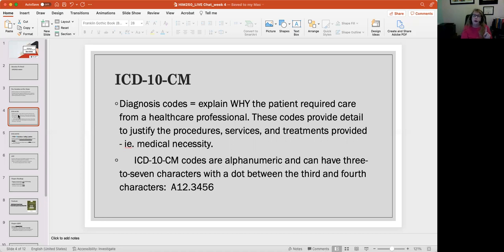So remember, diagnosis codes explain why the procedure, service, or treatment was medically necessary. Remember, talking to a patient about getting a flu shot or a COVID vaccine or whatever, that's a reason why to go to the doctor.